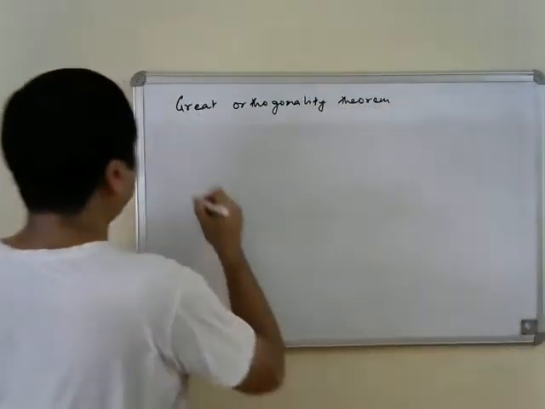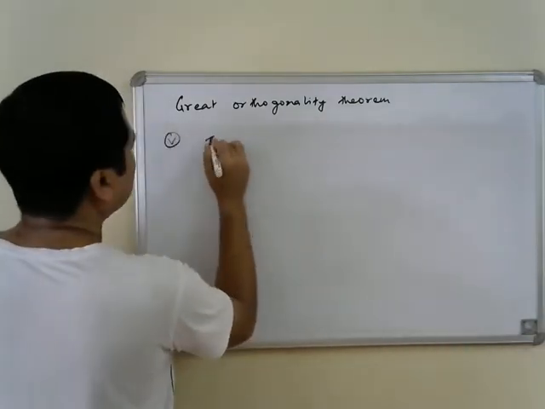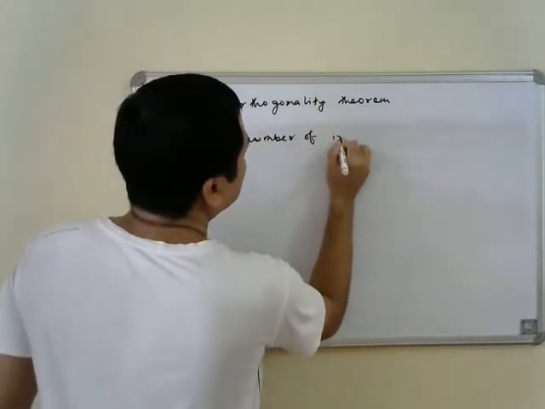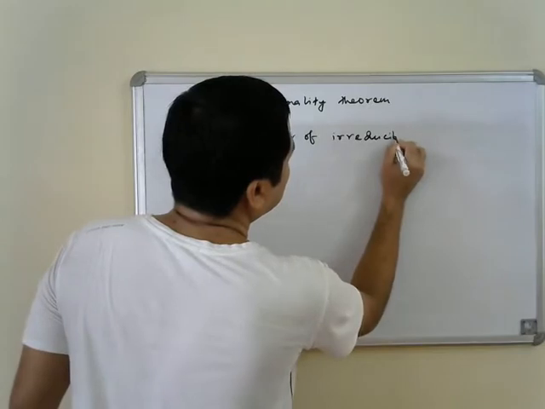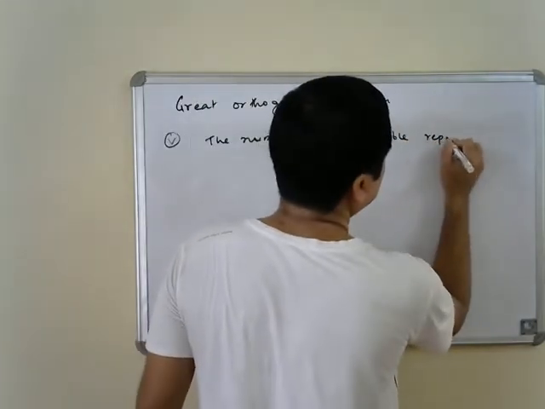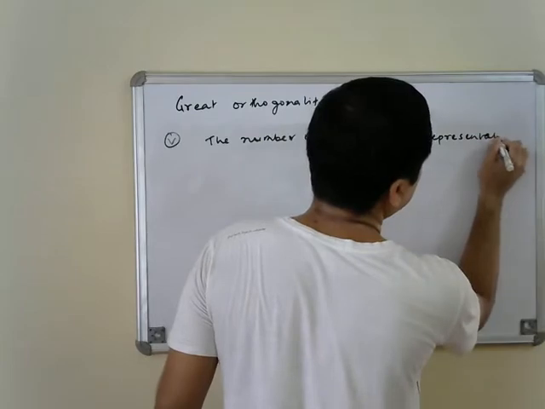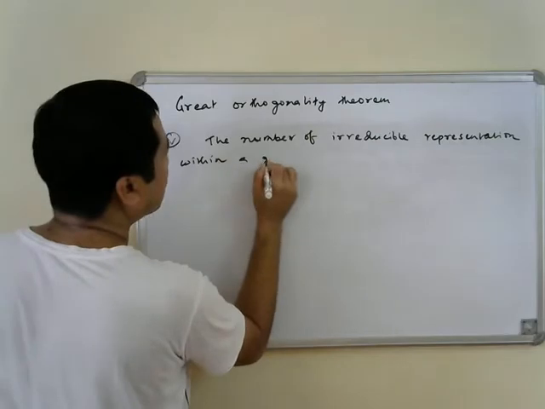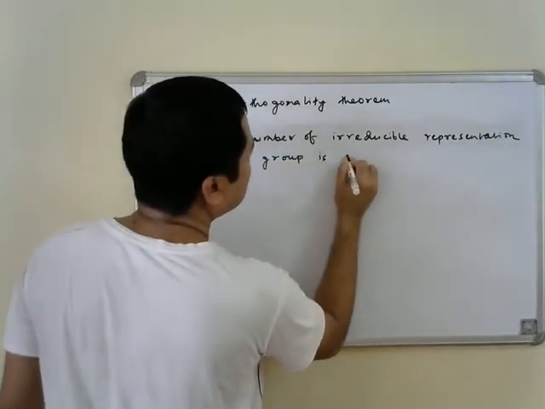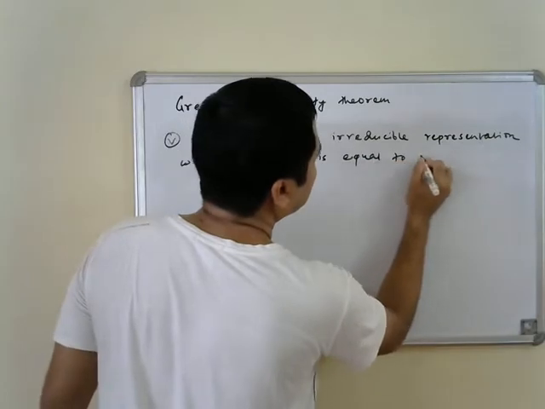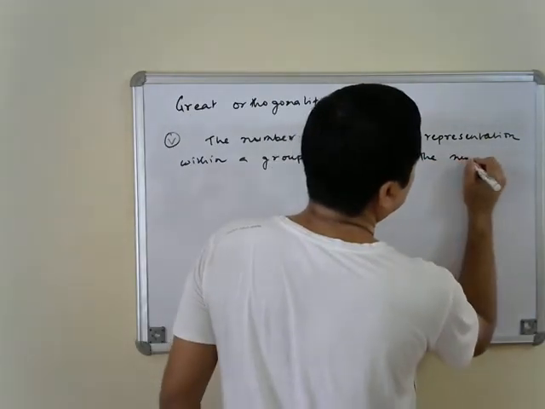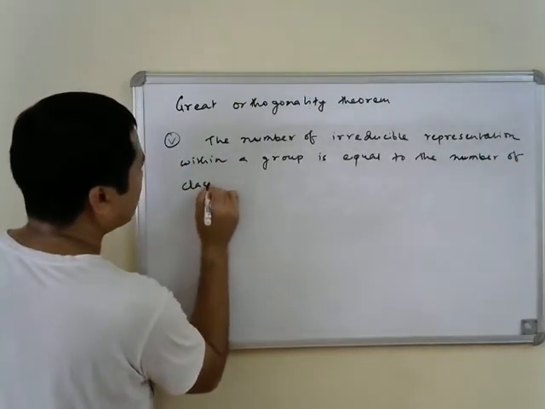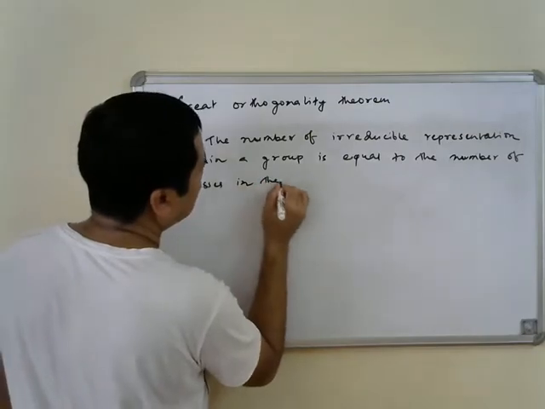So the fifth and the last law that we should know is that the number of irreducible representations within a group is equal to the number of classes in the group.